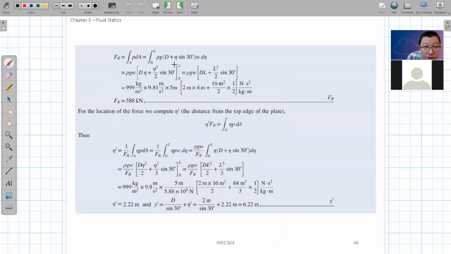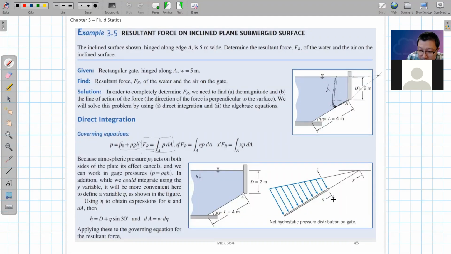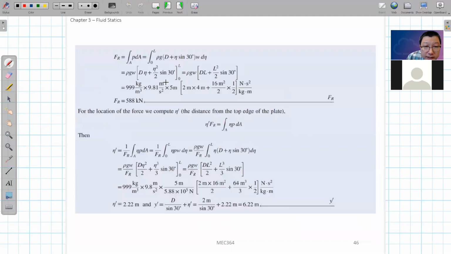Now, instead of integrating on dy, we integrate on eta, which is just the translated coordinate for y, from 0 to L. With all this correlation, after doing this integration, we find that the magnitude of the resultant pressure force is 588 kilonewton.